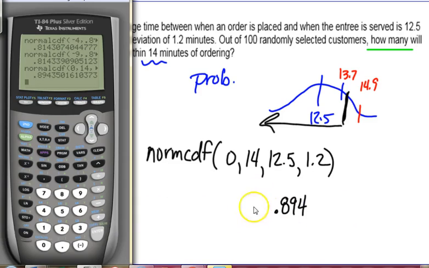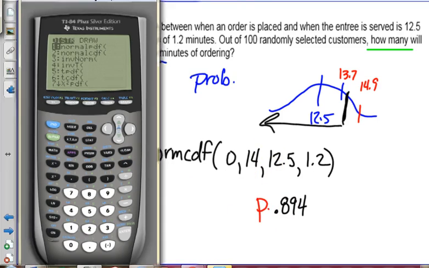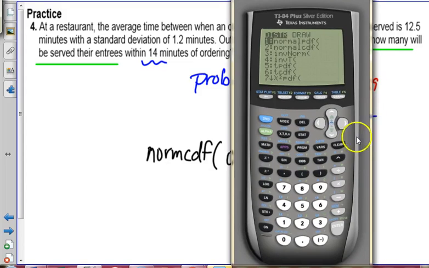If I get 0.894, but when I do it with the z-score, oh, I put that in as my z-score, dingbat, didn't I? What was the z-score? 1.25? And we want, is it positive or negative?